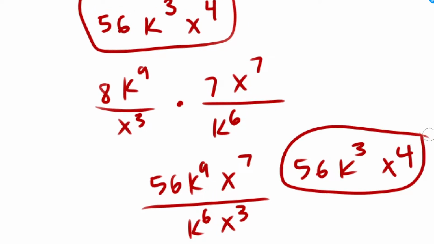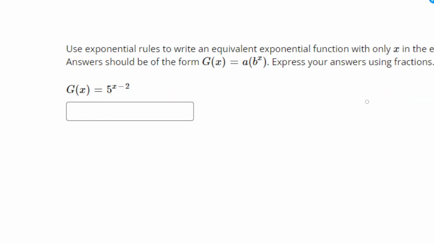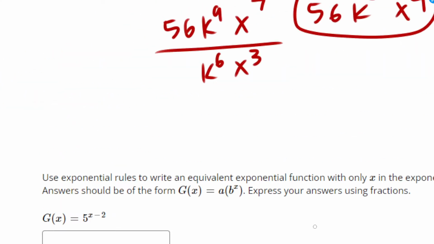So you can simplify by moving things down if that's easier for you. I don't think it matters too much.